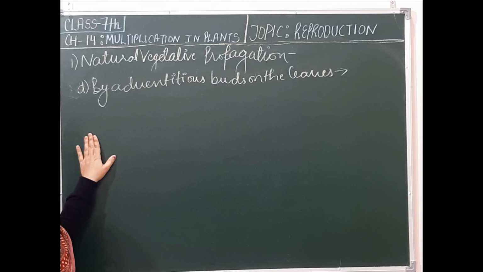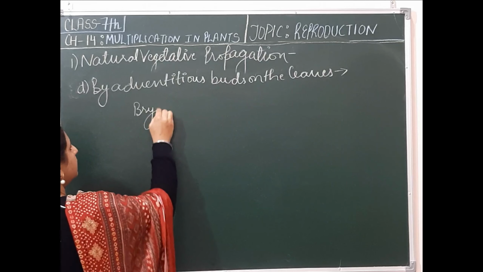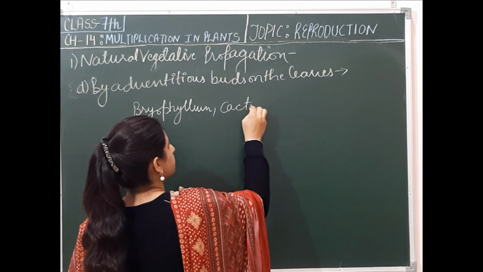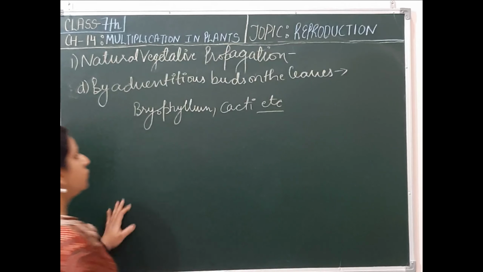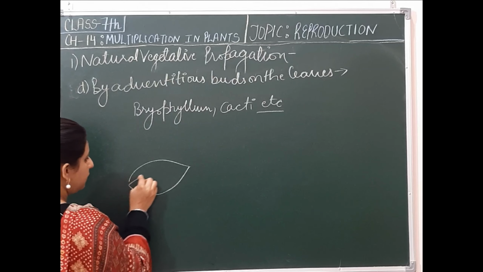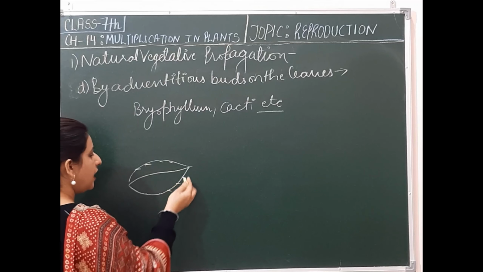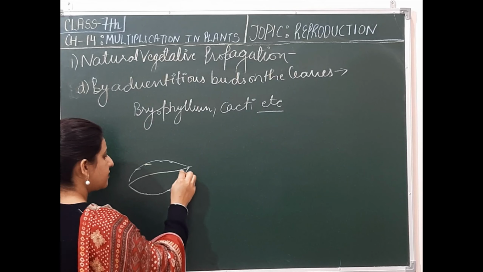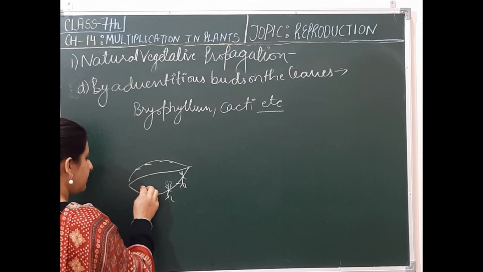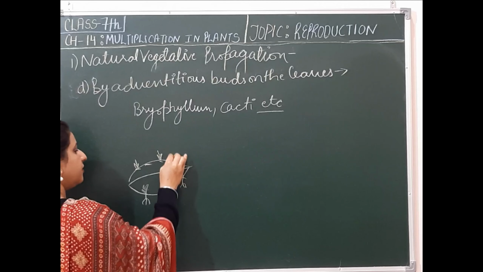And this can be exemplified by the bryophyllum, cacti, etc. If we check the structure of a bryophyllum leaf, then when the leaf is fully mature, it develops small notches on the margins of the leaf, and on the small notches there is a rising of small buds, as these small buds try to develop into a small plantlet.